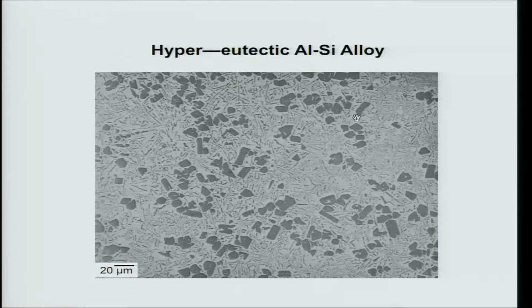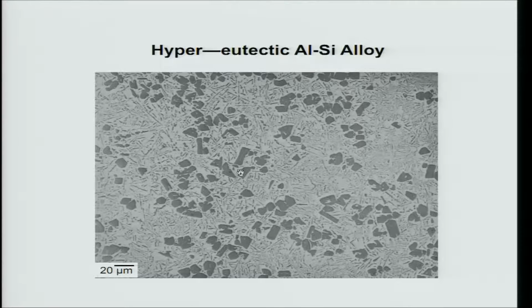Okay, now if I take a hyper-eutectic, I told you hyper means there will be no primary aluminum; it will be silicon as a dendrite. That is what you see here, silicon as a dendrite, and silicon does not grow like aluminum dendrites because silicon is a metalloid, it grows like a faceted dendrite.